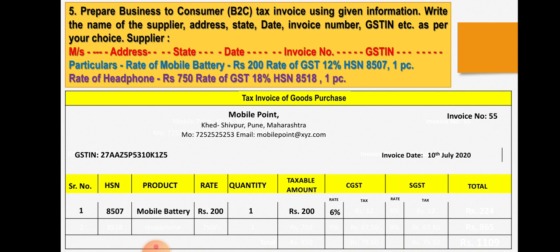It will be 6% of 200, so 6 upon 100 multiplied by 200. The zeros get cancelled, so it will be 6 multiplied by 2, that is 12 rupees. So as CGST is 6% in rate and 12 rupees in amount, SGST will be the same.